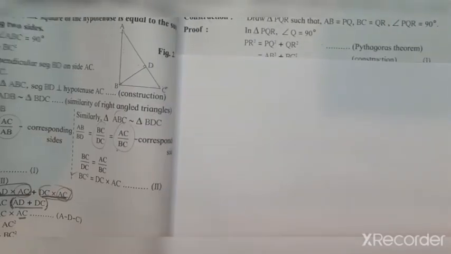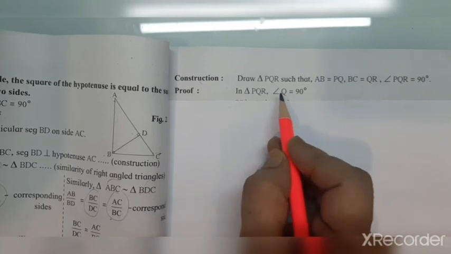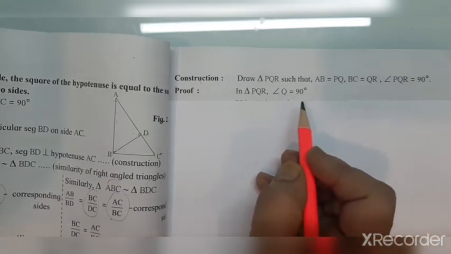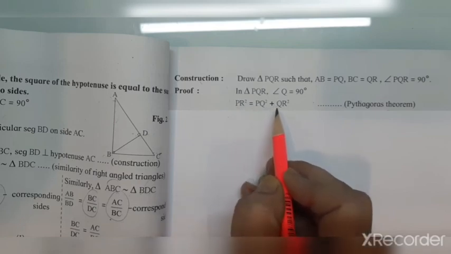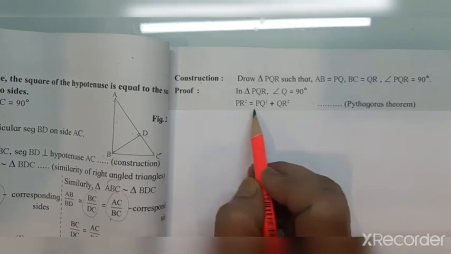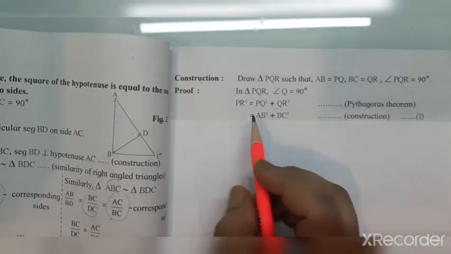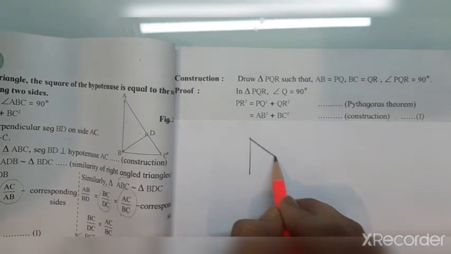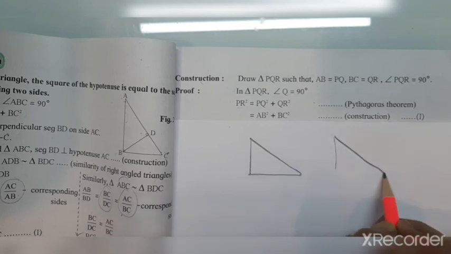So, we start the theorem saying that triangle PQR is a right angle triangle since angle Q is 90 degree. Therefore, by Pythagoras theorem, PR square is equal to PQ square plus QR square. Okay. Now, after using Pythagoras theorem, here I will try to draw these figures because it is on the other page. So, you don't get confused.